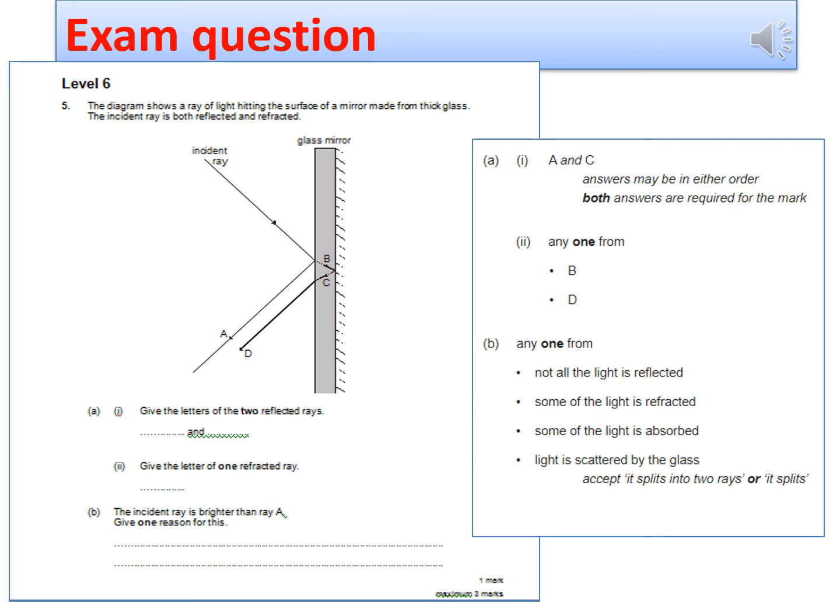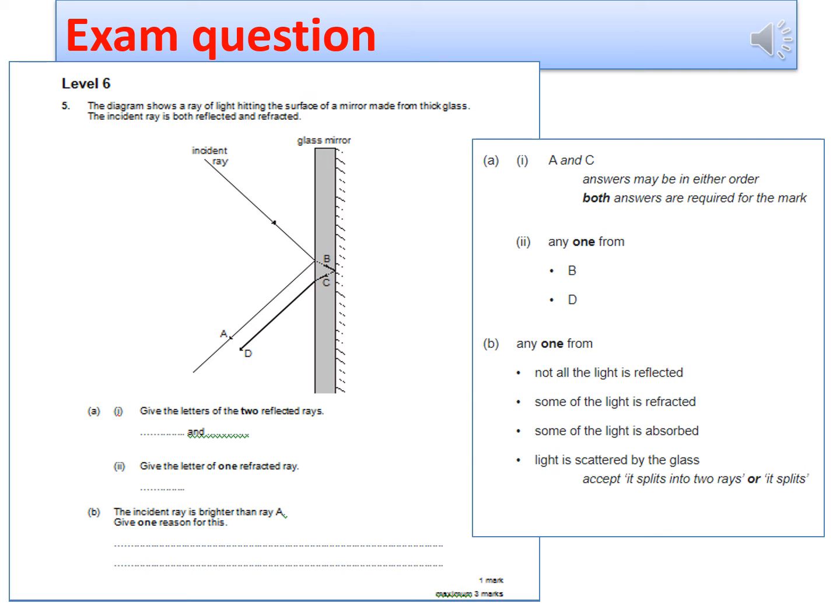But then there is part of the ray that travels through the glass. So you can see B is transmitting through the glass, it hits the back of the mirror, and then it reflects again, so that is C. The 2 reflected rays are A and C. Very well done if you got that right, because I think that's quite an easy one to get wrong.